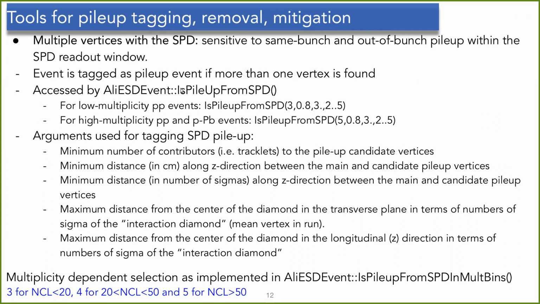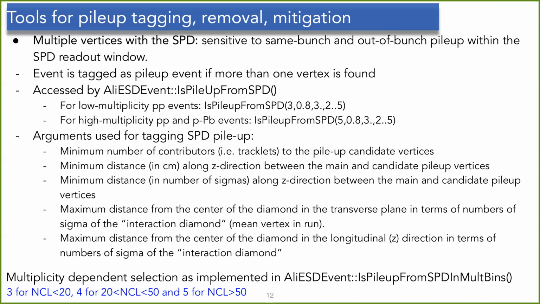Now how do we define which vertex is the primary vertex and which vertex is coming from the pileup? For that, we check the number of contributors. When you reconstruct the vertex, you see how many contributors are associated with the vertex.